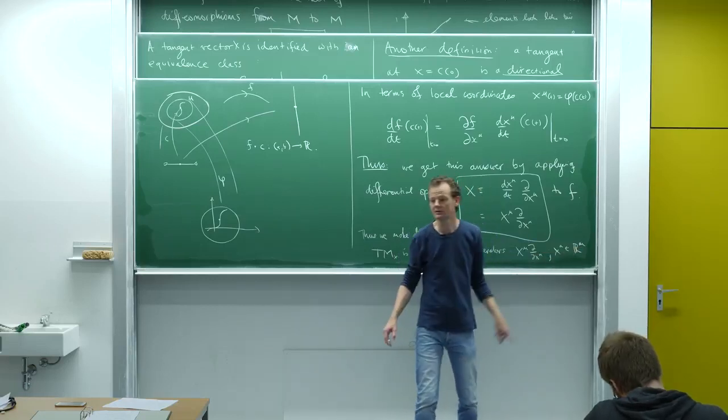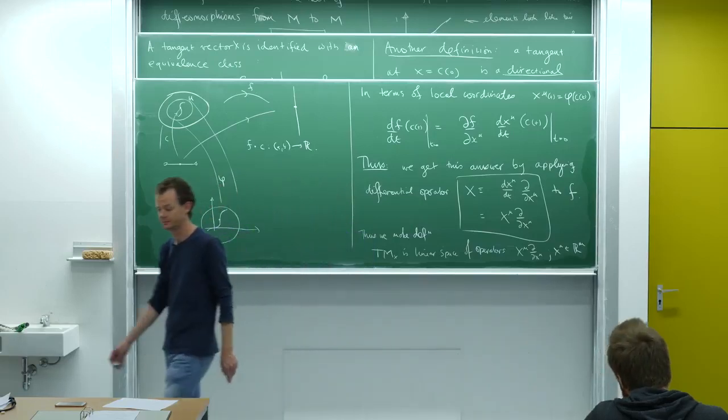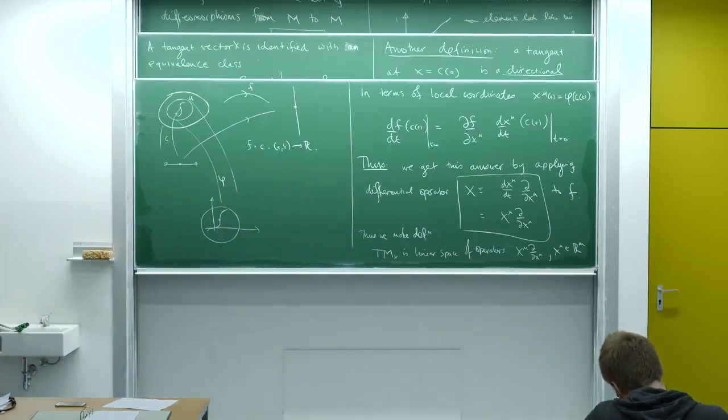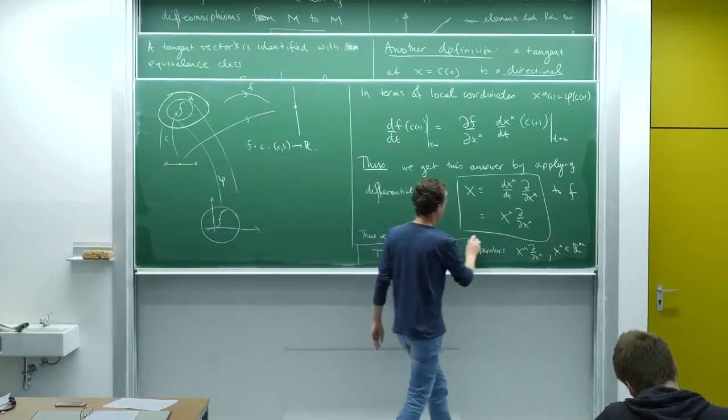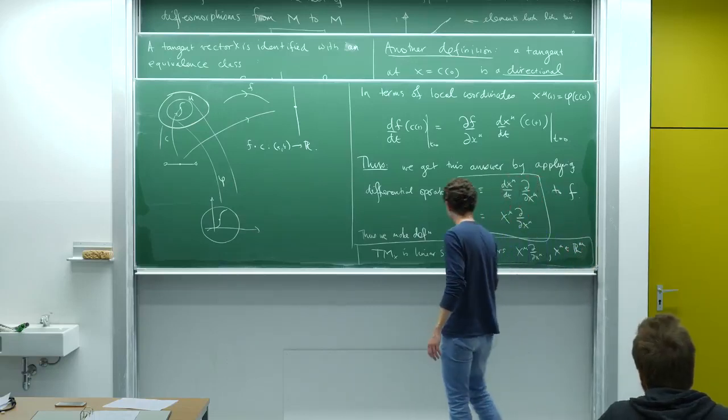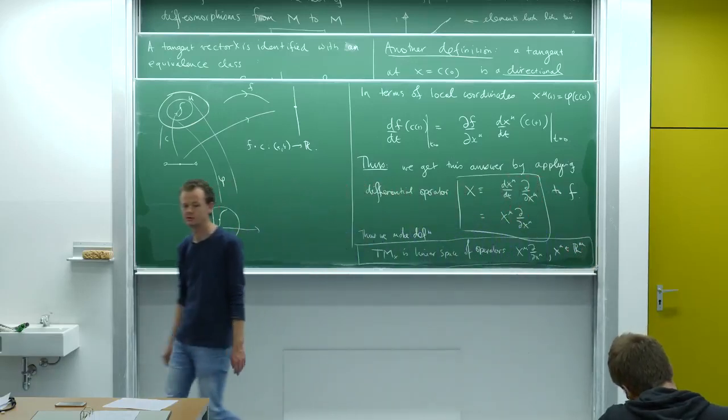And what numbers are they? Well, they're just a list of numbers from R^m. Another definition of a tangent vector.